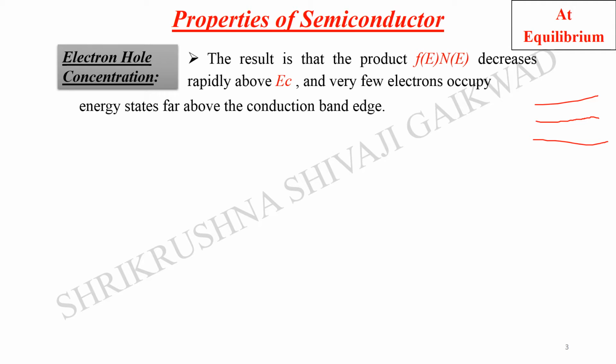When we calculate the function, this behavior we have already seen: the Fermi-Dirac function decreases very rapidly in the conduction band. Suppose this is EC and this is EF, the Fermi energy level corresponding to it.